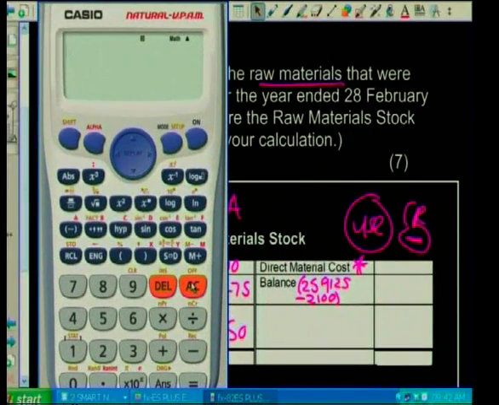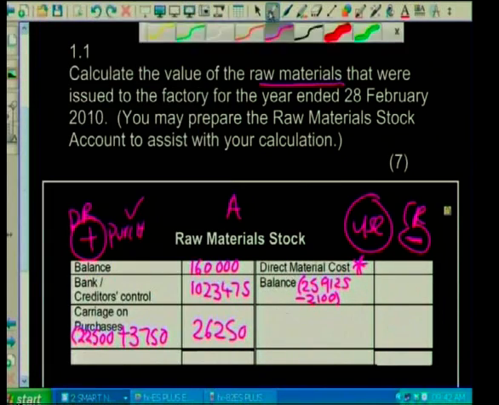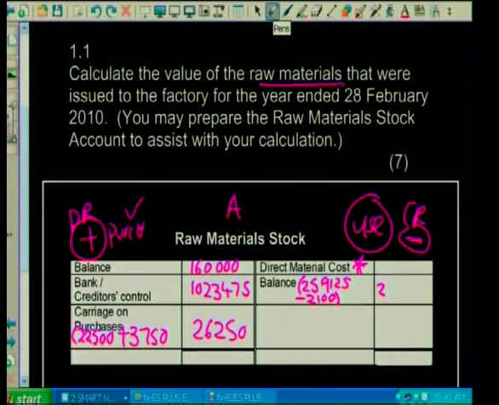Okay, so we've got an amount of 259,125, and we are subtracting 2,100 to get our correct closing stock, an amount of 257,025. So let's enter that in, an amount of 257,025.